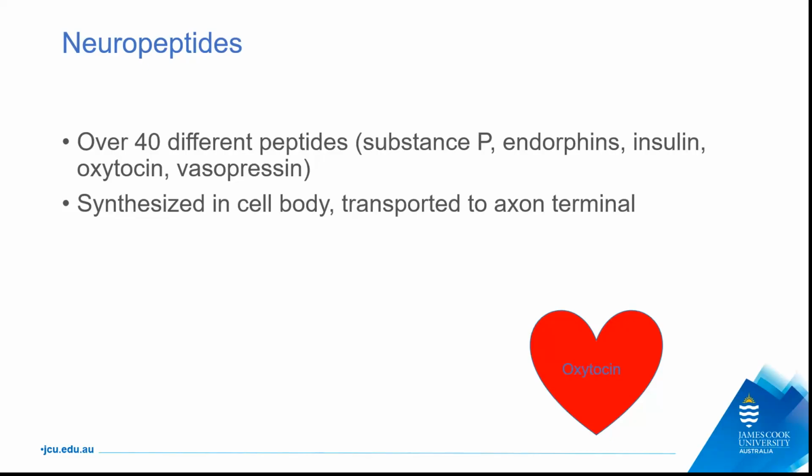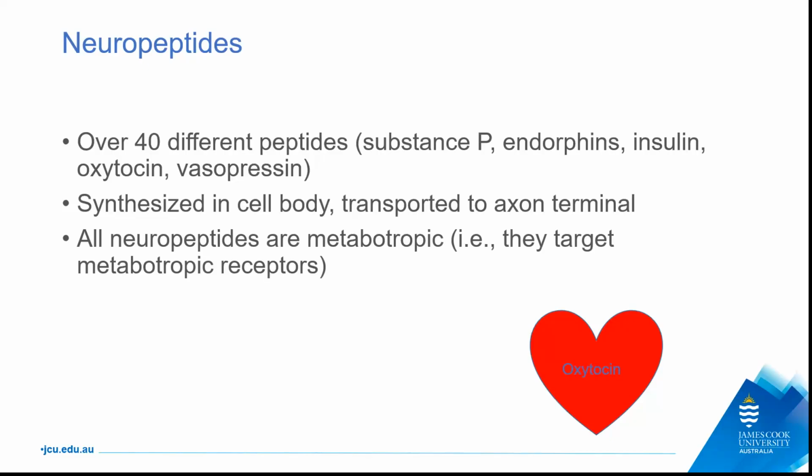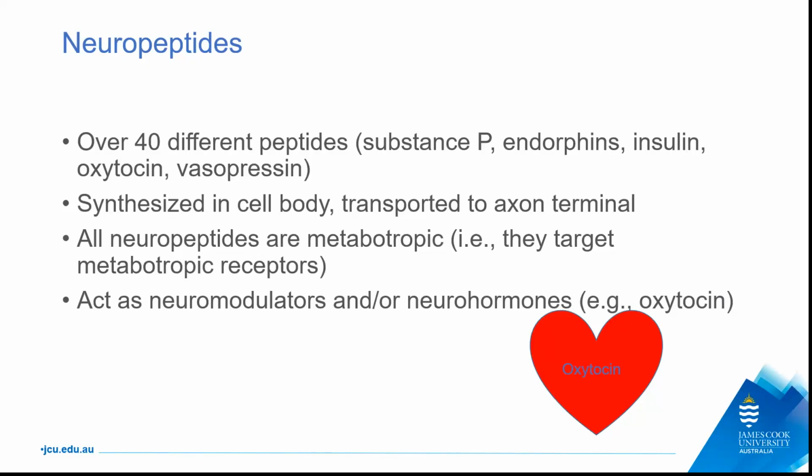And bullet point number 3, all neuropeptides are metabotropic because they target metabotropic receptors. So this means neuropeptides are slower to act and produce slower reactions. And they act as neuromodulators and/or neurohormones. So in this case, oxytocin can act as both.